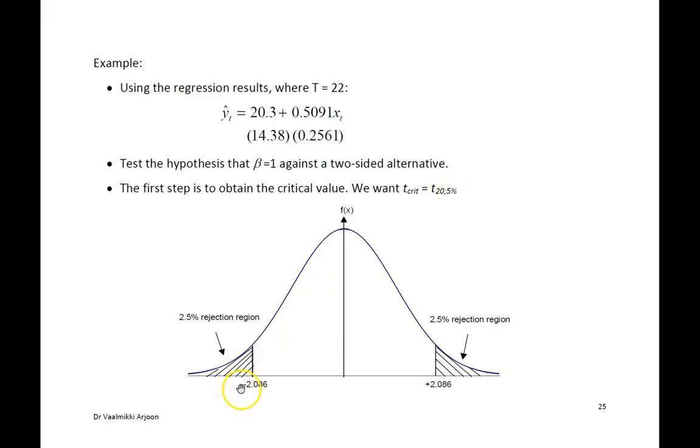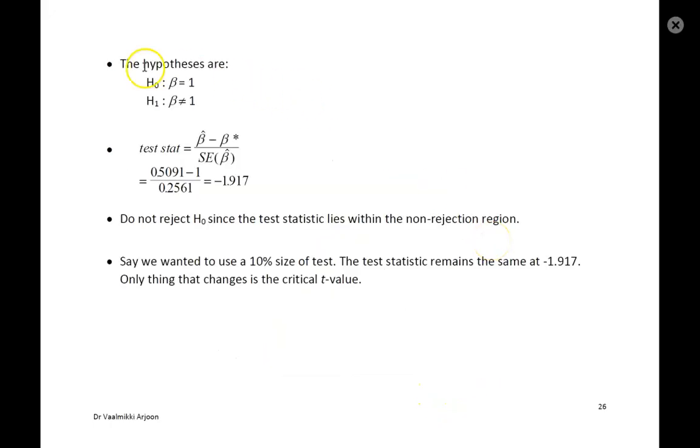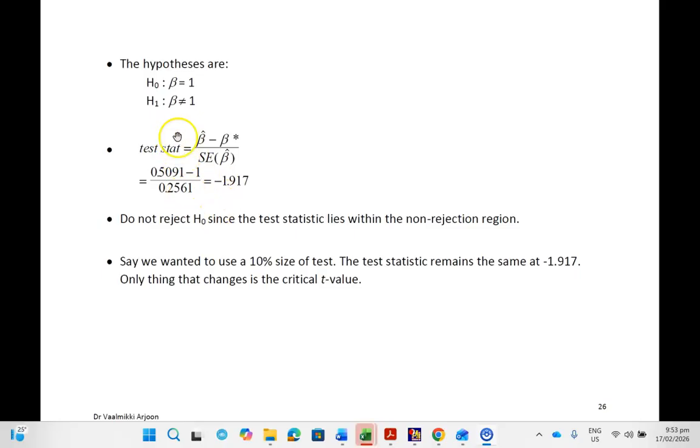And you get the critical values as negative 2.086 and positive 2.086. Now remember, the null hypothesis is beta is equal to 1. The alternative is beta is not equal to 1.